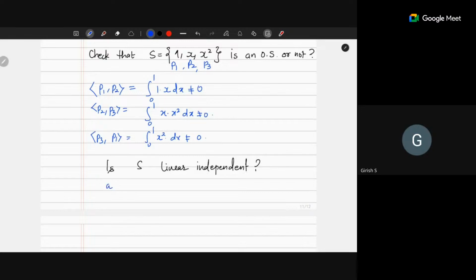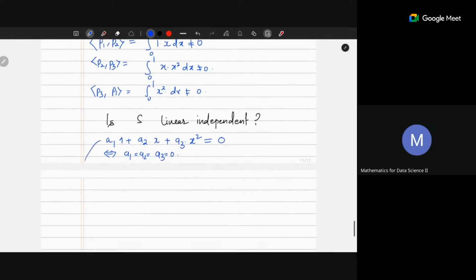So let me write that a1 times 1 plus a2 times x plus a3 times x squared, if this is equal to 0 if and only if a1, a2, a3 all have to be equal to 0, then only they are independent, right?